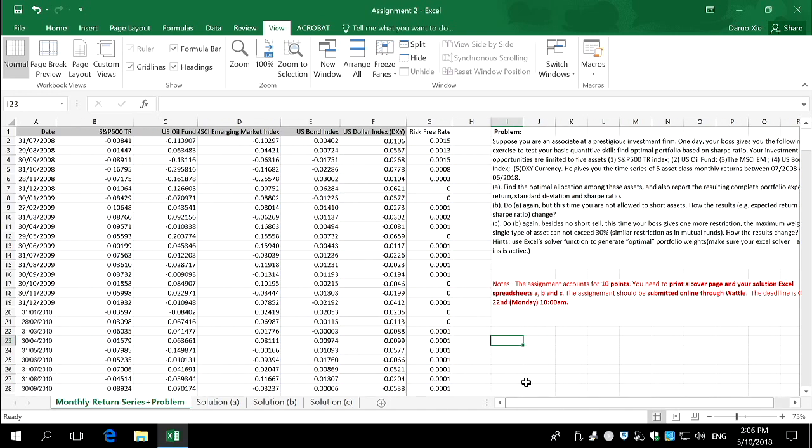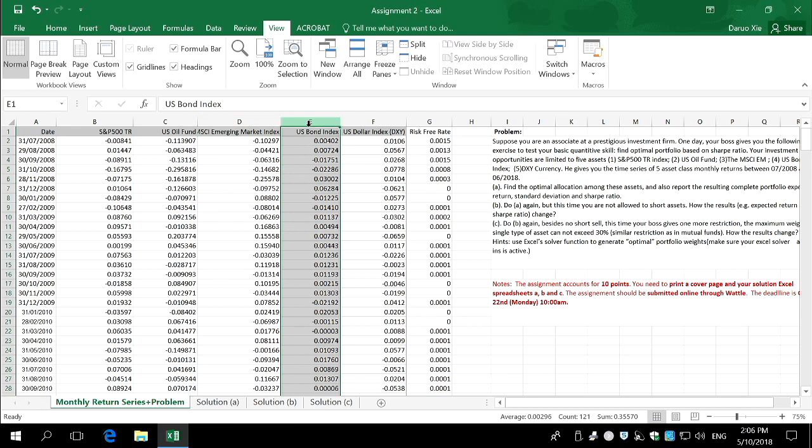In this assignment, I provide you 5 different assets. For the stock market, I use the S&P 500. This represents commodity, I use an oil fund. This is the so-called emerging market index. It represents some international markets, most of them equity markets, but not including the US.